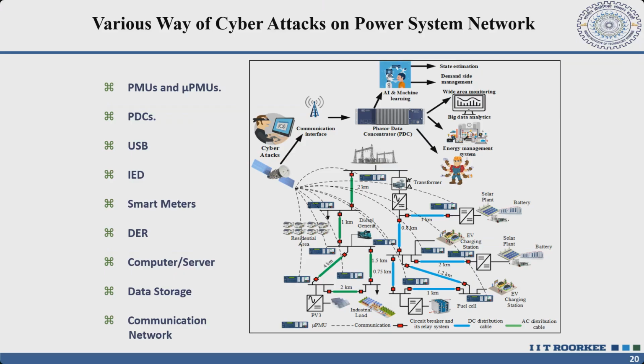When you take the data, of course the standards and protocols are different, but again the data has to be sent through some routers or some gateway, so an attacker can easily attack it. Then we have the DERs. You know that renewable energy sources are there, and the government is encouraging, specifically wind and solar photovoltaic.